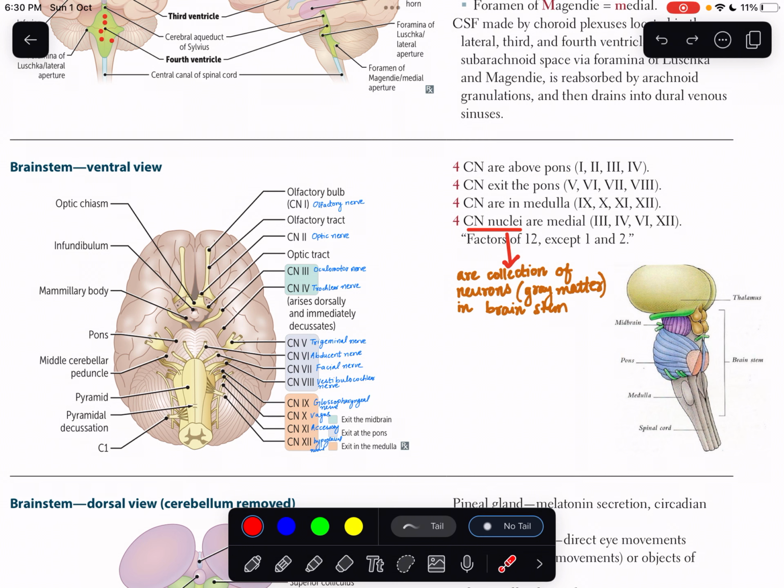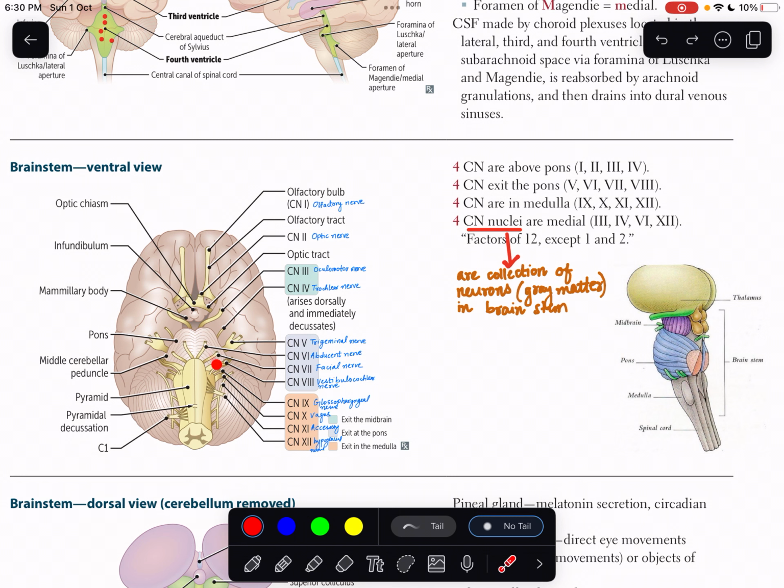Then the next 4 are going to exit the pons. So these 4 are the cranial nerves. This is cranial nerve 5. This is cranial nerve 6. Then this is cranial nerve 7, and then cranial nerve 8.